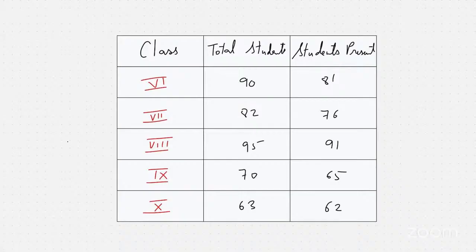Or you can put 10, 20, 30, 40, 50, 60, 70, 80, 90, 100. Either you can put scale of 10, or if you're putting scale of 5, then you start from 60. Make this graph quickly. Have your video on, please.